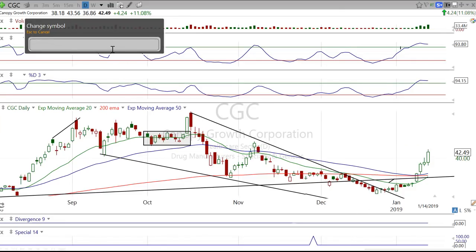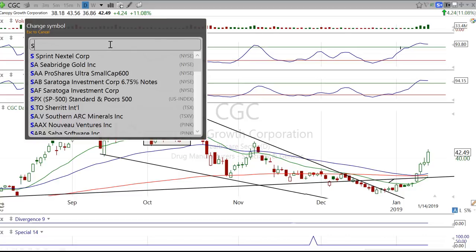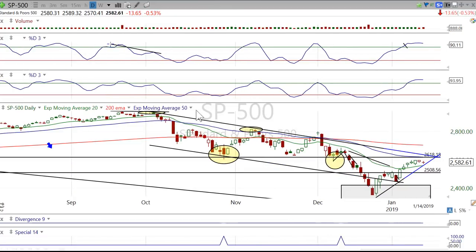And I'm probably going to get a nice move tomorrow on CGC. Maybe look for a couple of upgrades and stuff. So at this point, I feel more bullish in this market.